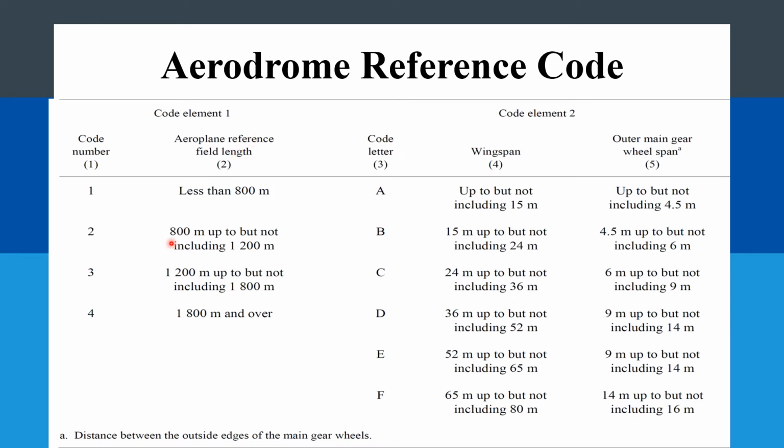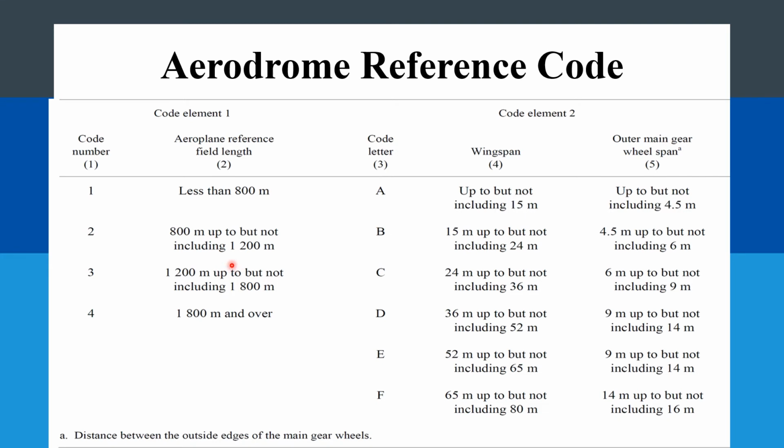So once again, let's have a quick review. Your aerodrome reference code could be code number 1 and code letter A, that is 1A, if your runway is less than 800 meters and the aircraft that you are receiving has a wingspan less than 50 meters with an outer main gear of 4.5 meters.